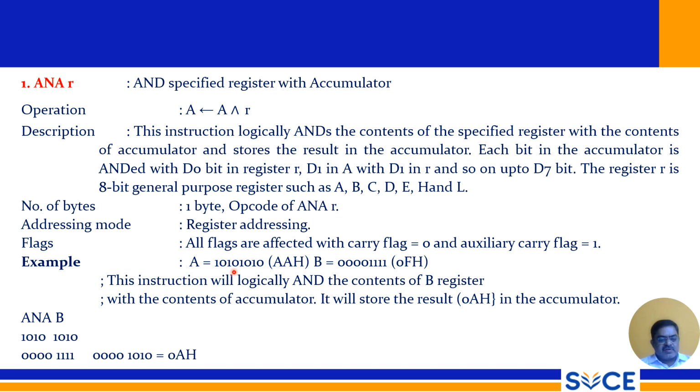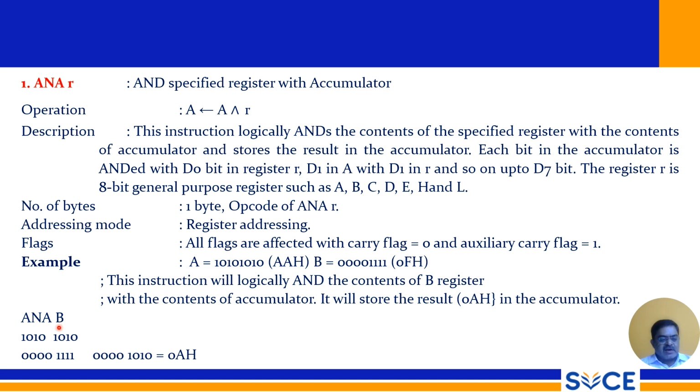So A is having this data AAH, and B is having 0FH. This instruction will logically AND the contents of B register with the contents of accumulator. It will store the result, 0AH, in the accumulator itself.